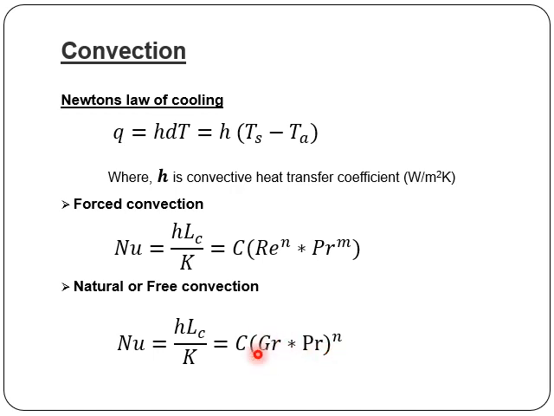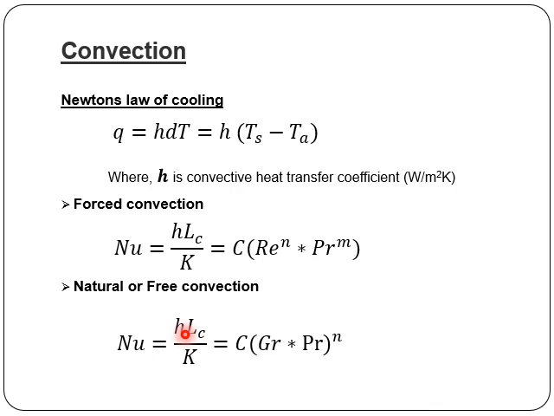So firstly we need to calculate Grashof number, Prandtl number, and once you get Nusselt number you can just equate it with h Lc by k and you get heat transfer coefficient. If you have values of thermal conductivity of the fluid, and you can also calculate characteristic length for a particular body.